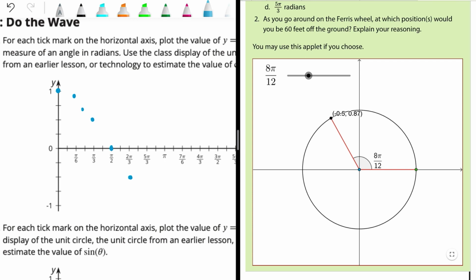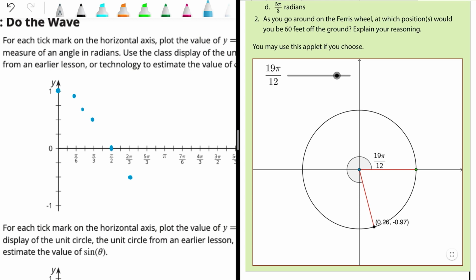And then, let's see, 5 pi over 3, that would be the same thing as 20 pi over 12. I feel like we just went way too far. Oh, you know what?